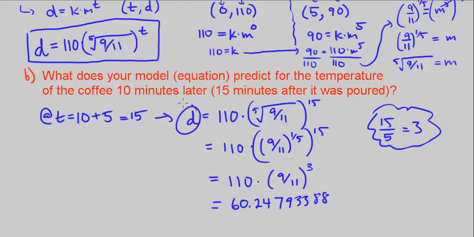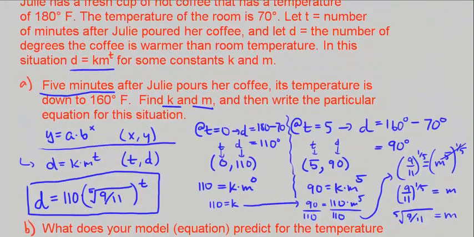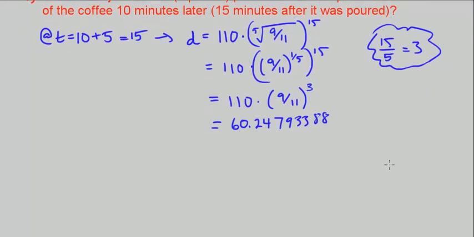Because remember what D is. D is, again, the number of degrees the coffee is warmer than the room temperature, right? So D is equal to the coffee temperature minus the room temperature.